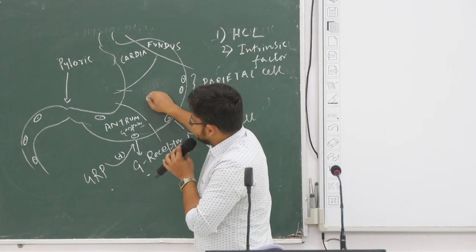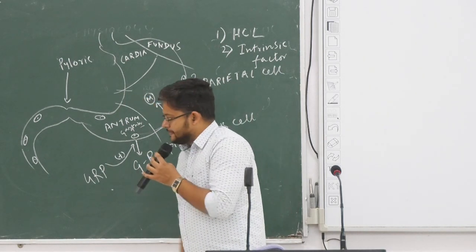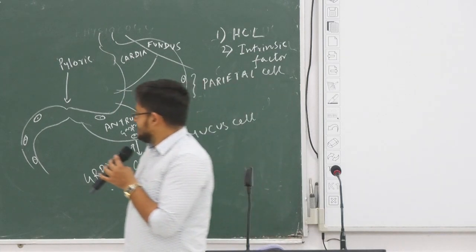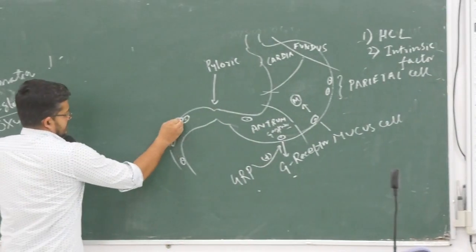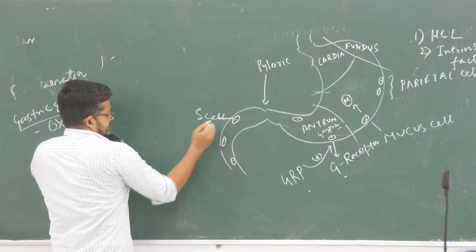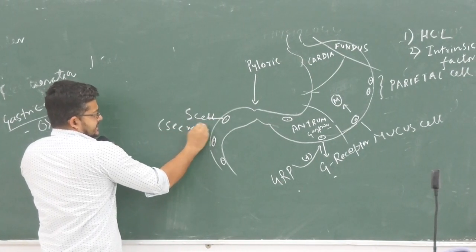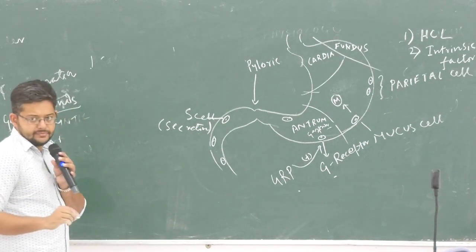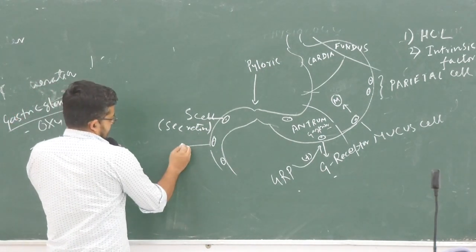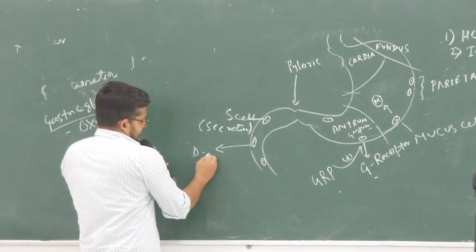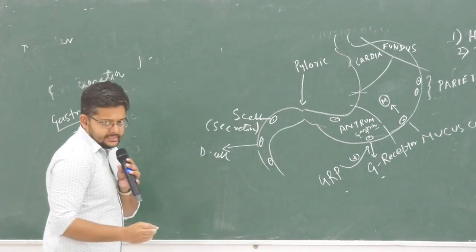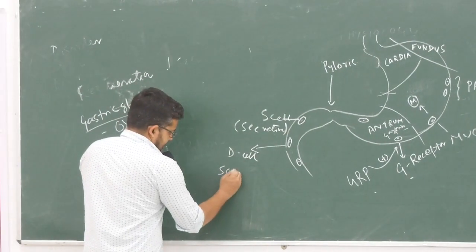Mucous cell secretes mucus. There is a cell which secretes secretin. It's a GI hormone. There is D cell which secretes somatostatin.